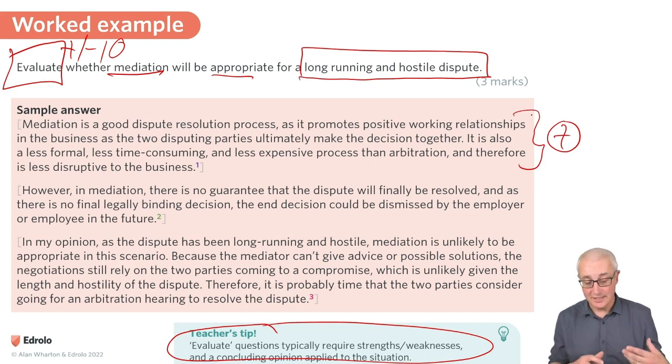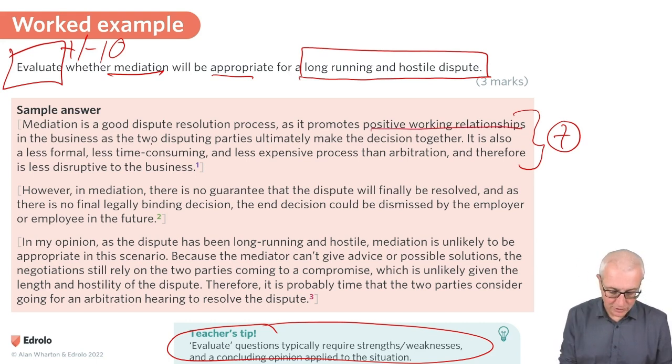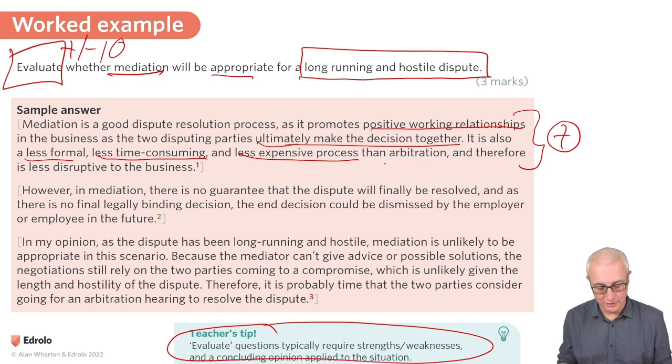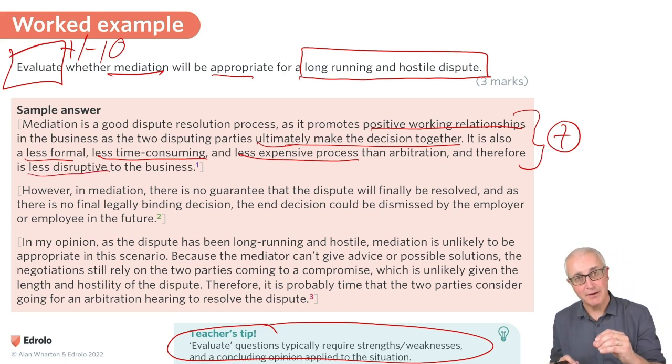So mediation is a good dispute resolution process as it promotes positive working relationships in the business as the two disputing parties ultimately make the decision together. It is also less formal, less time consuming, and less expensive process than arbitration, and therefore is less disruptive to business. So we've got a nice succinct paragraph there expressing the strengths.